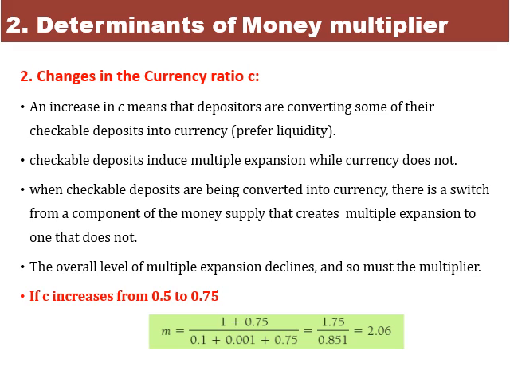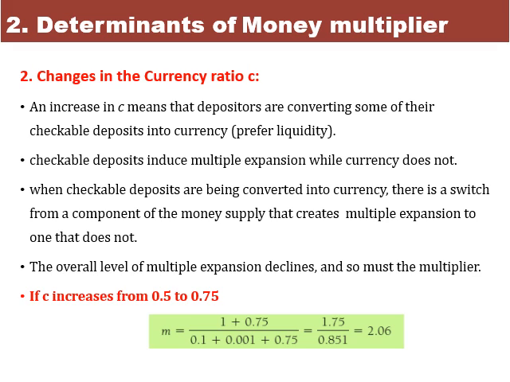Now let's see what will happen if we have a change in the currency ratio. An increase in the currency ratio means that depositors are converting some of their checkable deposits into currency. When they do this, the monetary expansion will decrease, because we know that checkable deposits induce multiple expansion of the money supply, while currency doesn't.